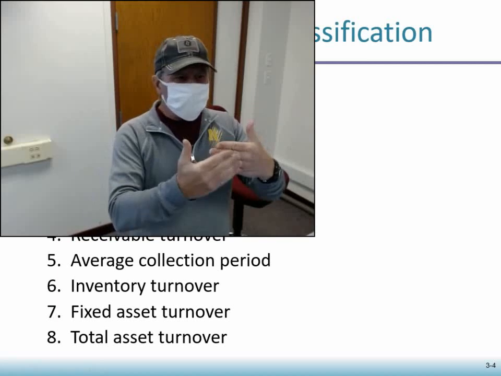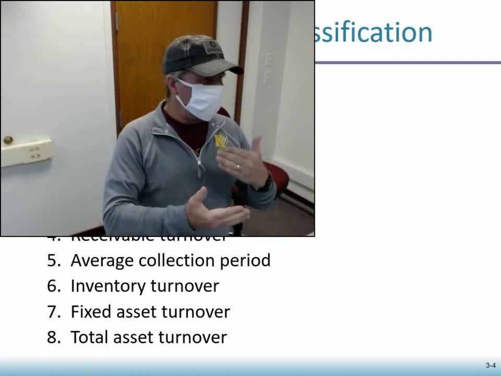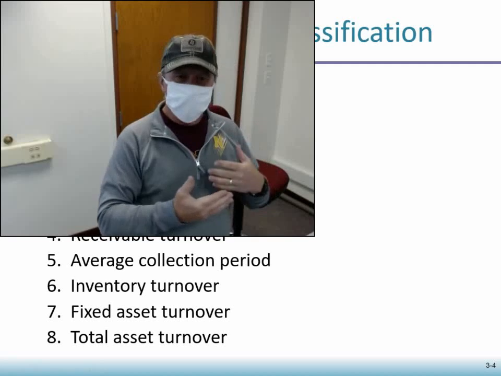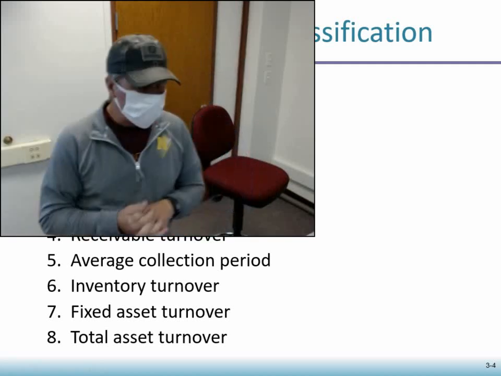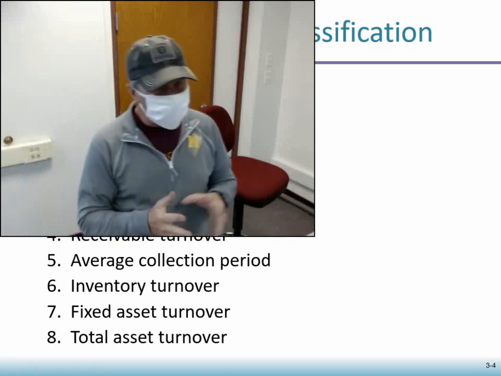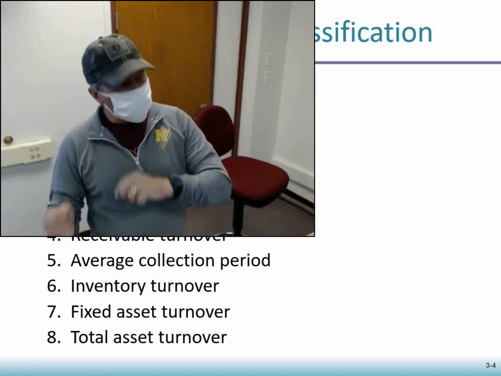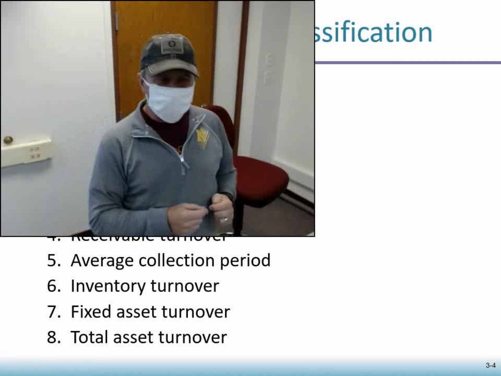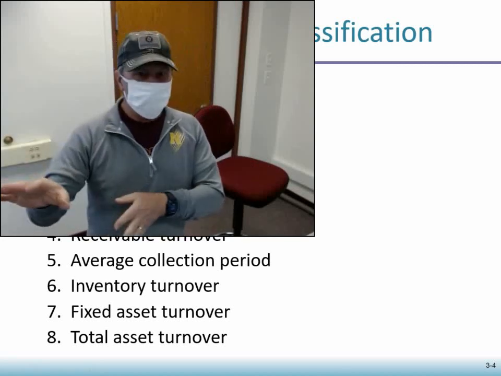And now you just keep a small stock because it's ordered automatically, comes in 2 or 3 days later, it's back on the shelf, away you go. So inventory turnover's been enhanced quite a bit over the last couple of decades, really. And that's a huge thing. That means it's that much less money that you have to have invested in your inventory, right? So you can use that money for other things.